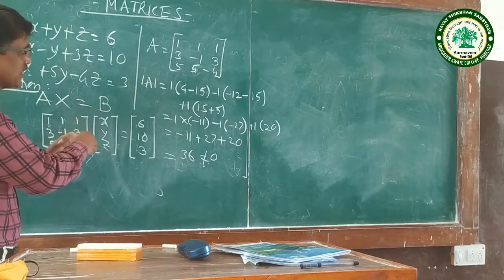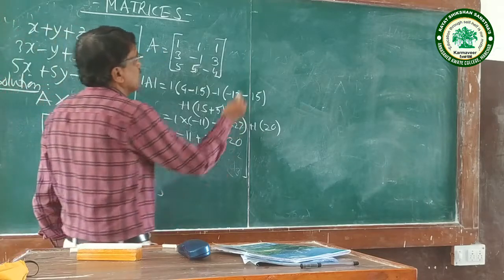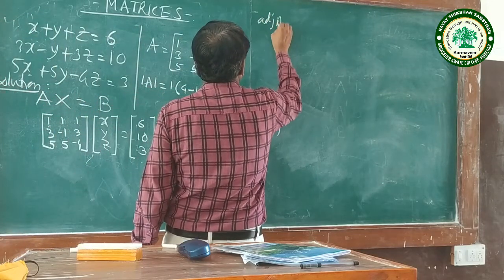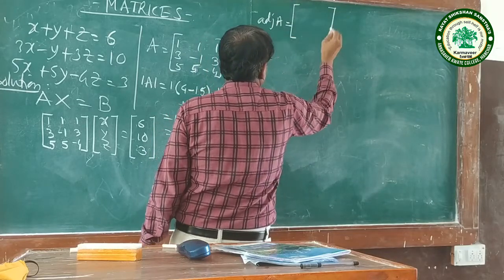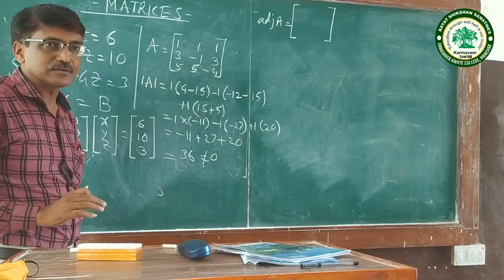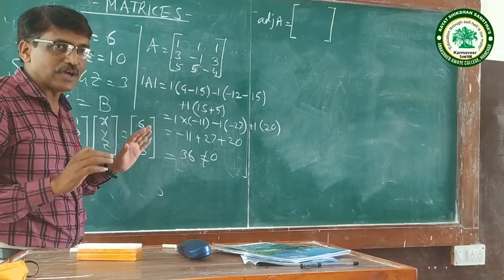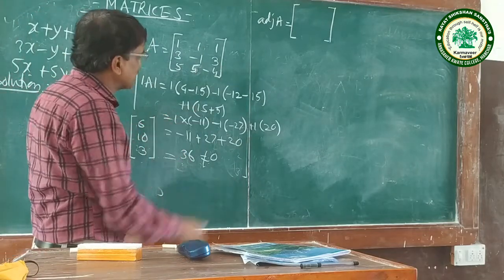Now let us find its adjoint. See how to find adjoint of a matrix by the shortcut method.